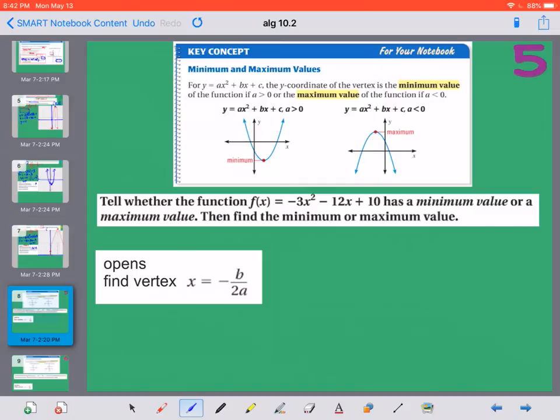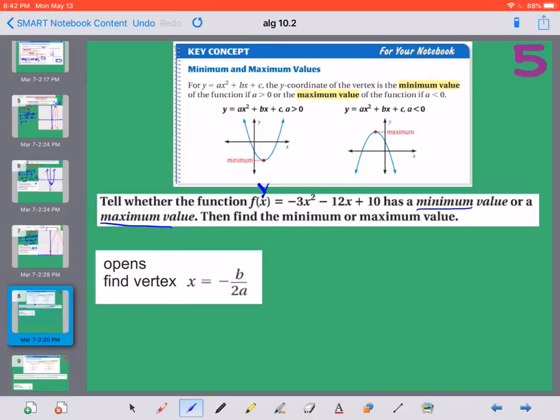Next, we have to tell whether the function f of x, that's another fancy way of saying y, equals negative 3x squared minus 12x plus 10 has a minimum value or a maximum value.